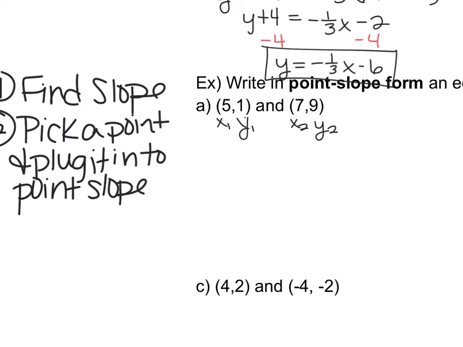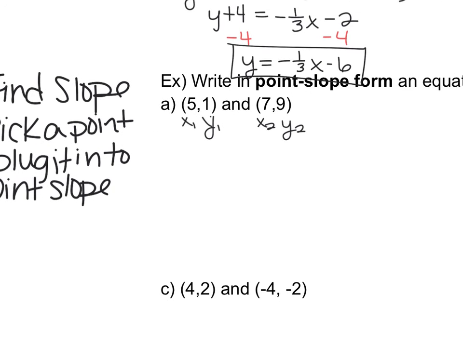Let's find our slope. We have y2, which is 9, minus y1, which is 1, over x2, which is 7, minus x1, which is 5. That gives me 8 over 2, which reduces to 4.